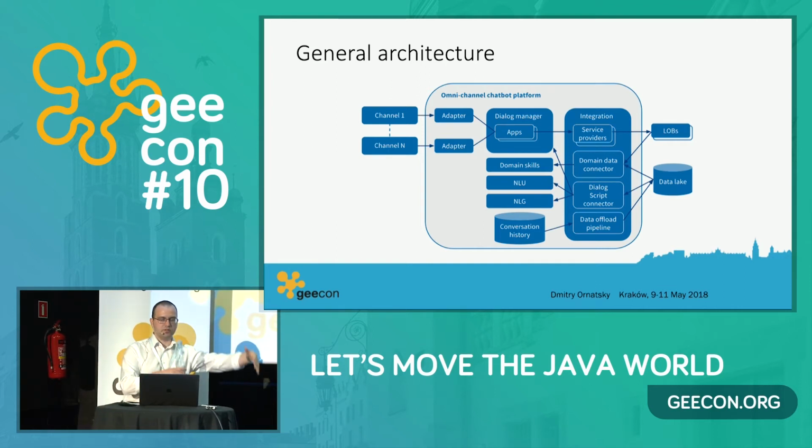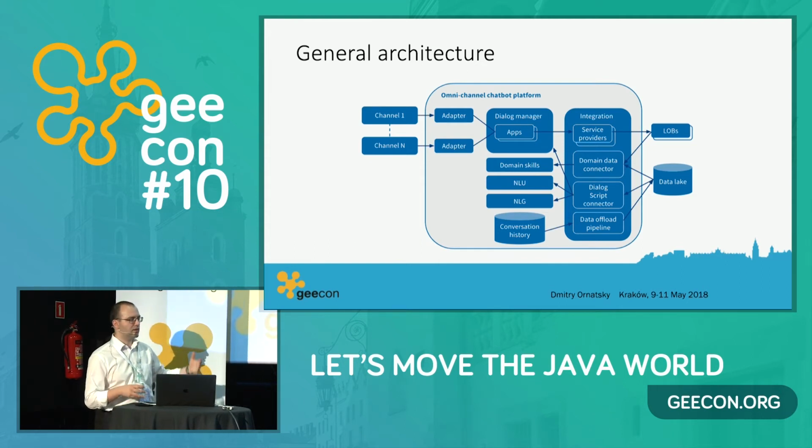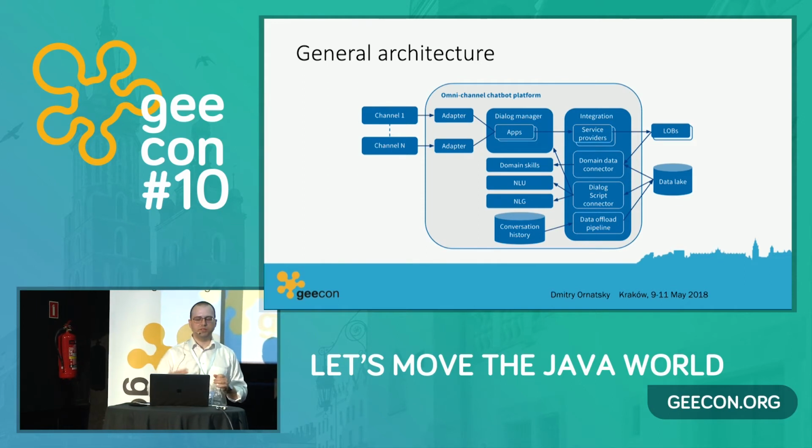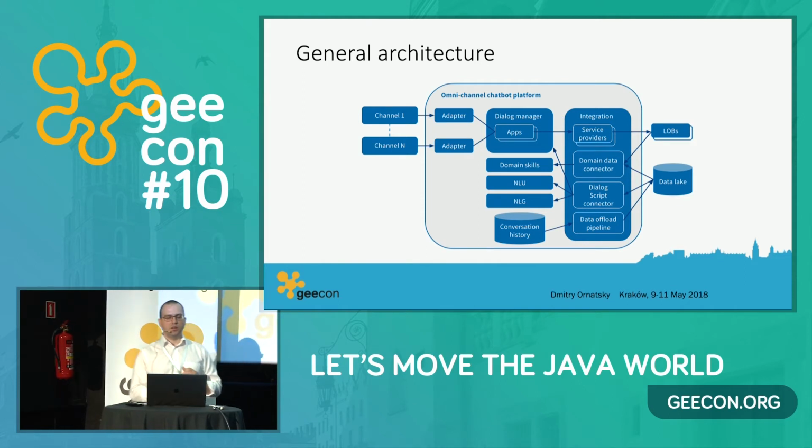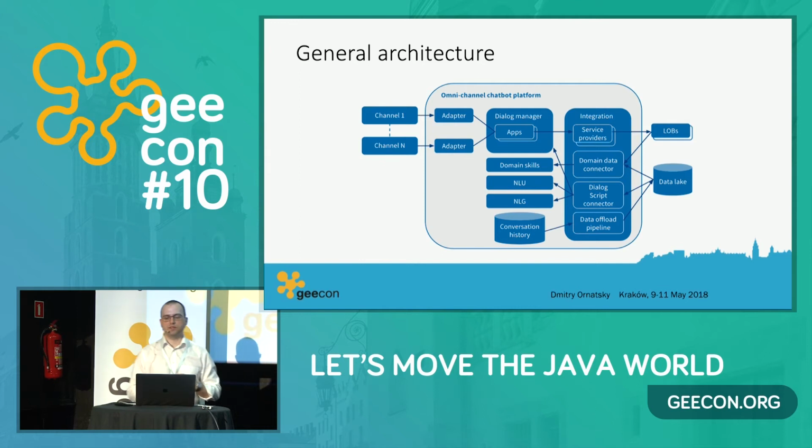On the far left, you have your channels, your Telegrams, your instant messaging apps, your Alexas, whatever you use to actually feed speech into the system. On the far right, you have your regular lines of business applications, your data lake, where you collect the data which you haven't yet decided what you're dealing with, your traditional databases that serve customer requests, and probably the kind of backend you would normally have for any business system, e-commerce system in particular.